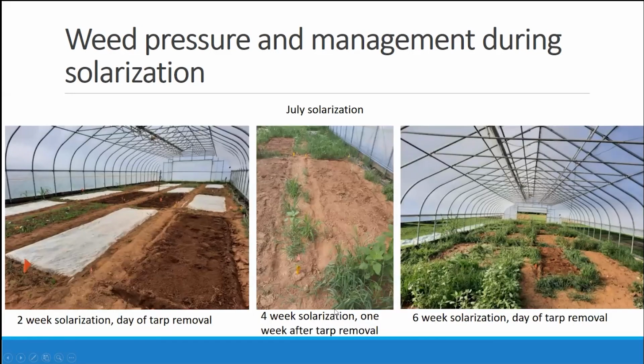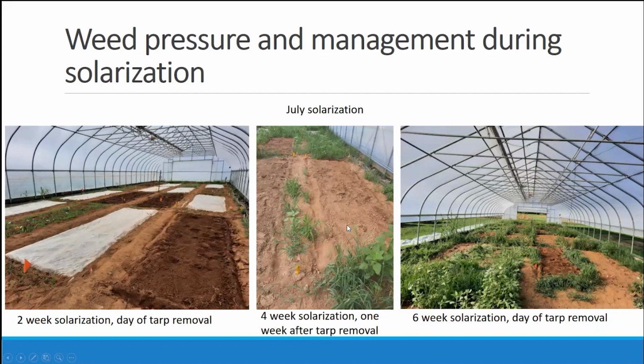Here's the July solarization, and this one was really impressive. This is 2-week solarization, the day of tarp removal. Here's the non-solarized; you can tell there's lots of stuff growing. This is the 4-week solarization plot, 1 week after the tarp was removed.